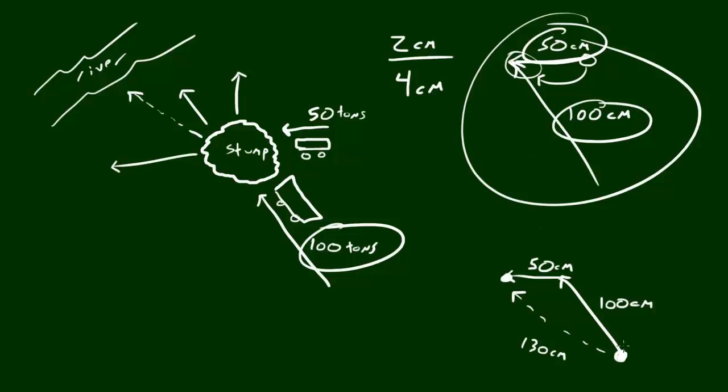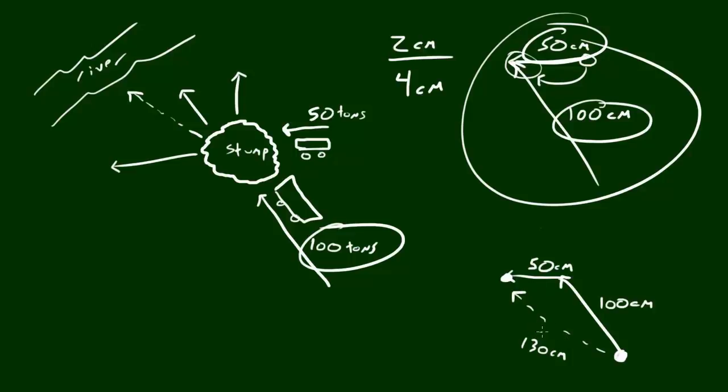Then you connect them head to tail and draw a new arrow from the tail of the first one to the head of the last one, and take the measurement of that. That's why it's helpful to have a ruler and some graph paper, because just drawing it right here is really inaccurate. With graph paper, you actually draw an arrow out and measure the distance of that new arrow.